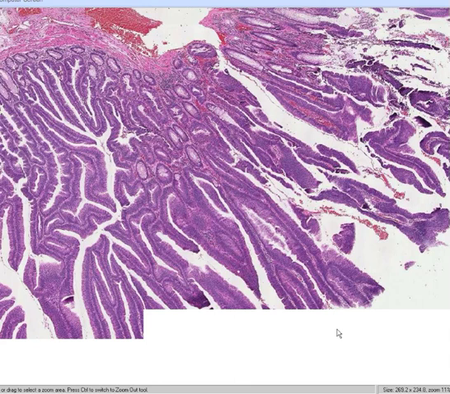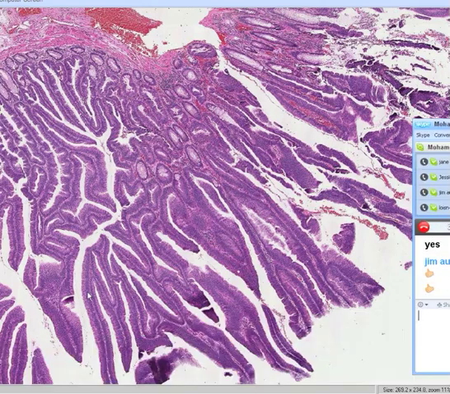So in addition to that, not only do we see a proliferation of the mucosa, but we could see that the pattern of proliferation is papillary, isn't it? It's villous. It's growing like little villi or little hairs.